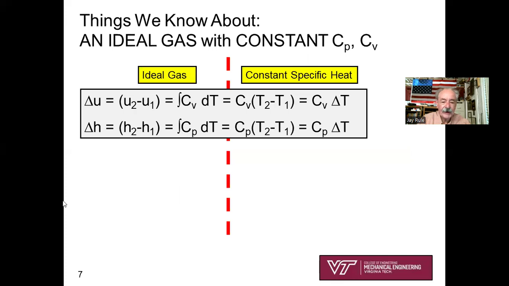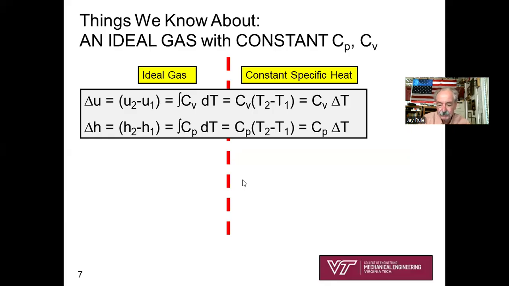Okay, quantifying delta U and delta H. How do we do it for an ideal gas? For any ideal gas, delta U is the integral of C sub V dT, and delta H is the integral of C sub P dT. But what happens if C sub V and C sub P are constant values? They're just numbers, okay? A constant number.